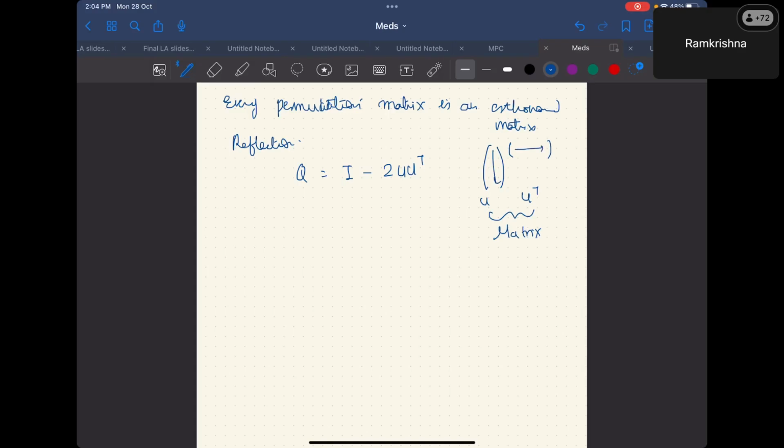So first check what Q transpose will be, because our claim was that Q transpose Q should be the identity. Q transpose is the identity minus twice U U transpose, the transpose of the whole thing. So I'll have I minus twice U U transpose. This is also equal to Q. And if I multiply Q with Q transpose, it is I minus twice U U transpose.